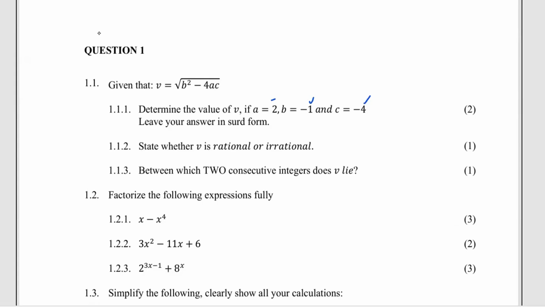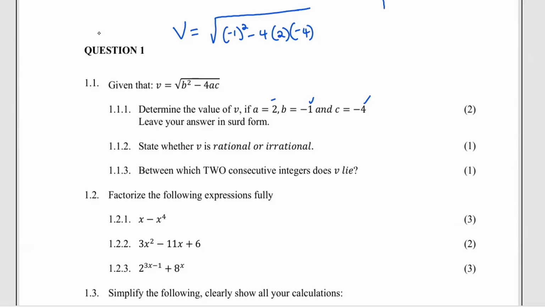So all we have to do is just substitute. Meaning that V is going to be the square root of our B is -1 squared minus 4, our A is 2, and then our C is -4. Then what we have to do is just simplify whatever is under the root sign. So -1 squared will be 1.